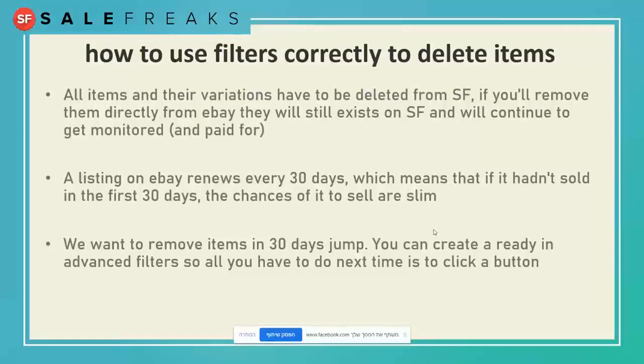If you don't delete the item after 30 days, whether it's sold or not, eBay will automatically renew and relist it. Now, when they relist it after 30 days, you get charged for it again.